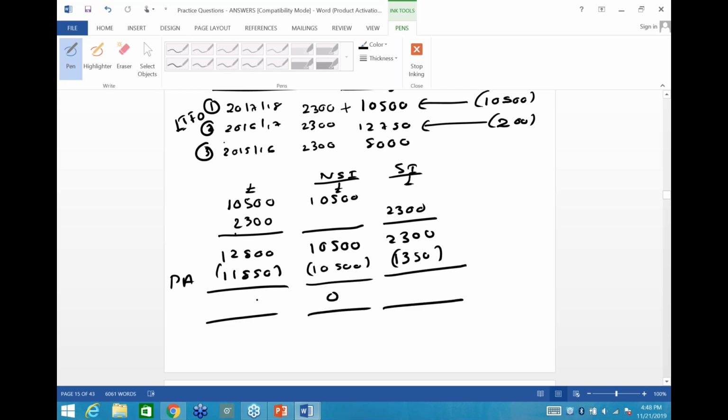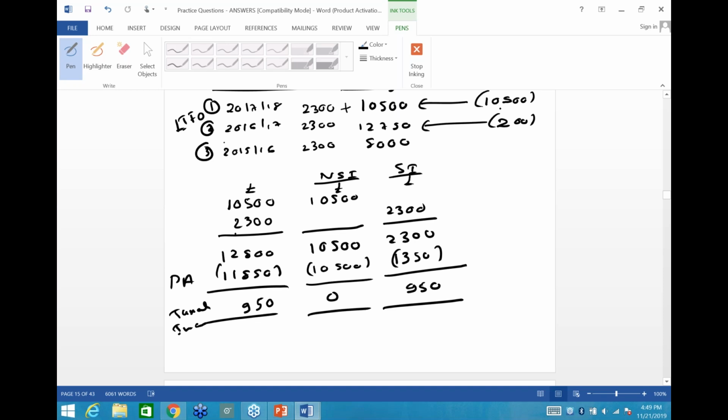And here you get 950. So you have only a taxable income of 950, even though you don't claim the terminal loss relief.